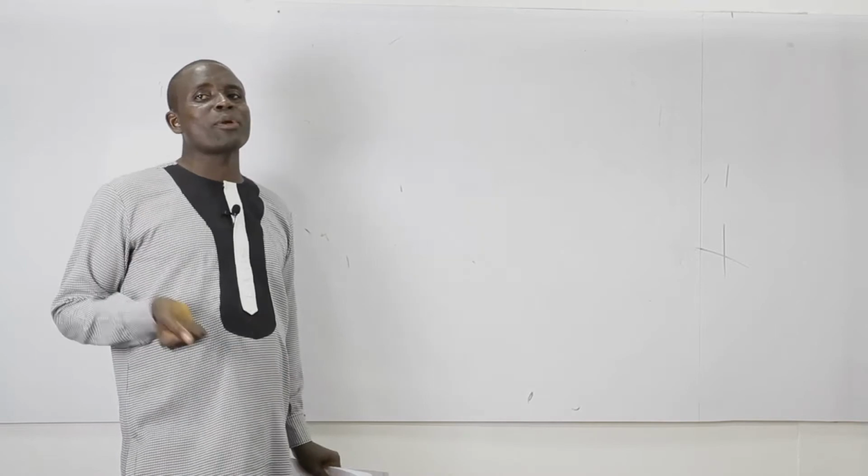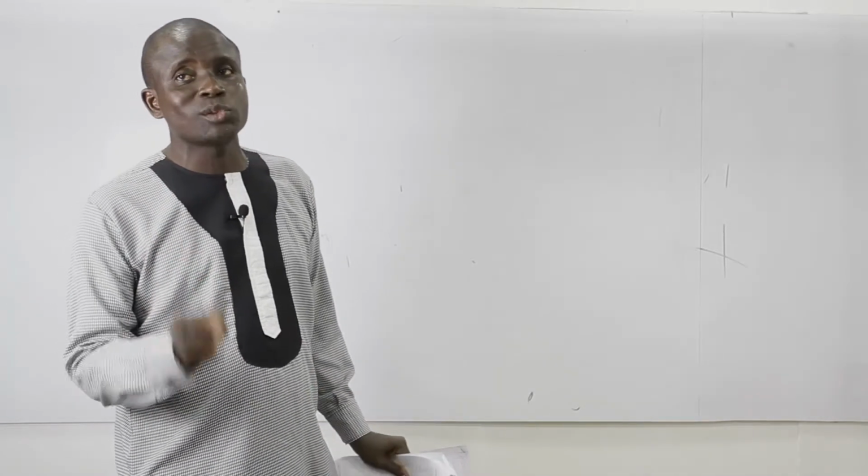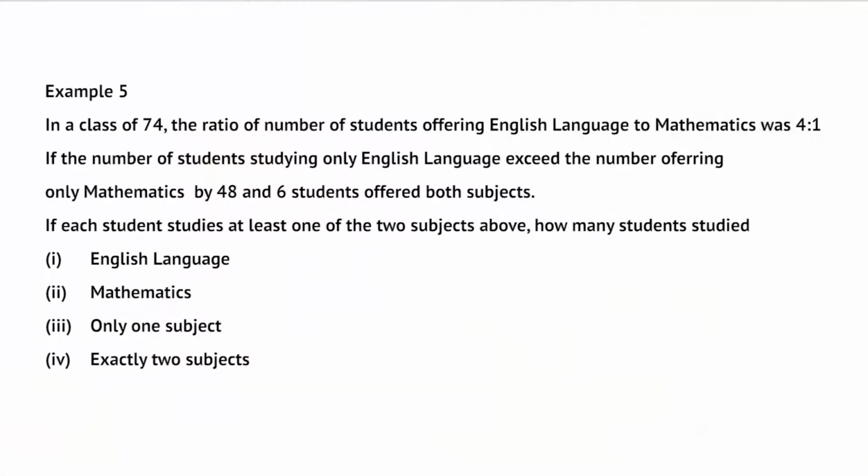Okay. We want to look at example 5. I'm saying example 5 because we have already solved example 1, 2, 3. And today we've solved the 4th example. So this is your 5th example. In a class of 74, the ratio of the number of students offering English language to mathematics is 4:1.